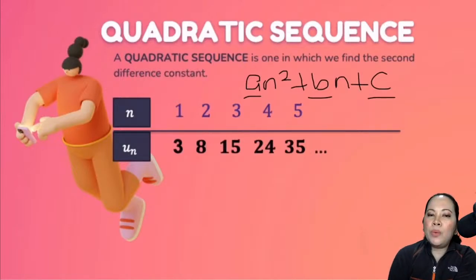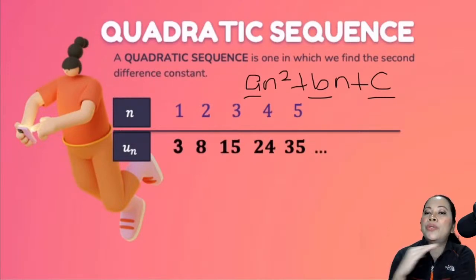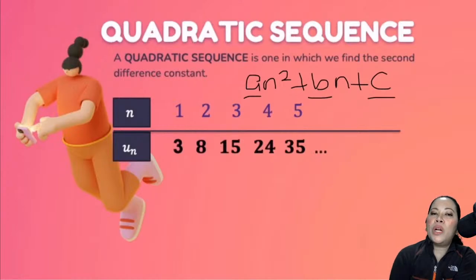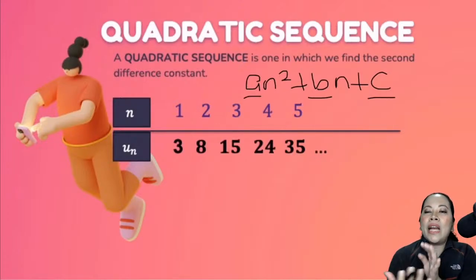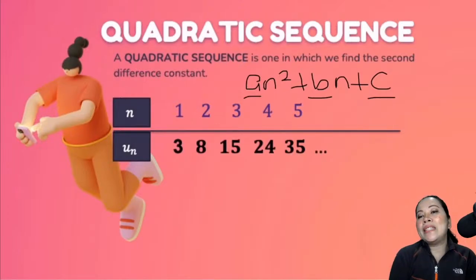The difference between quadratic and linear sequences is that a linear sequence uses the first difference, but a quadratic sequence uses the second difference, okay? What I will teach you tonight is the easiest method, where you don't need to memorize the formula, you just need to understand how to find a quadratic sequence.